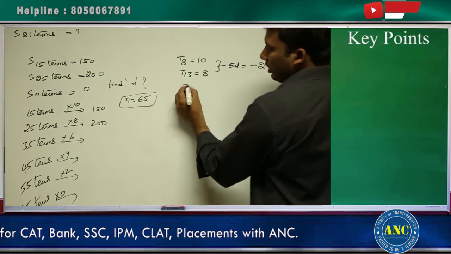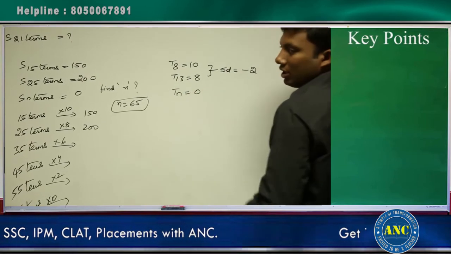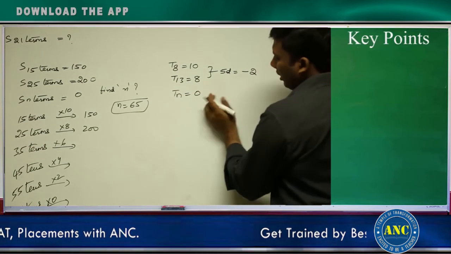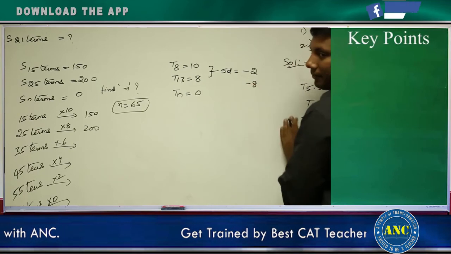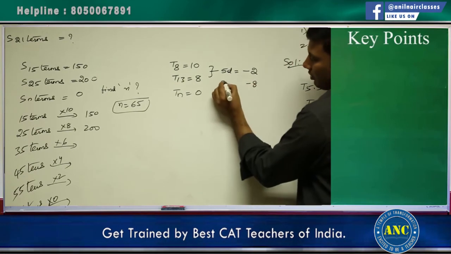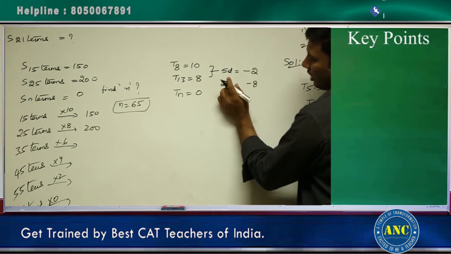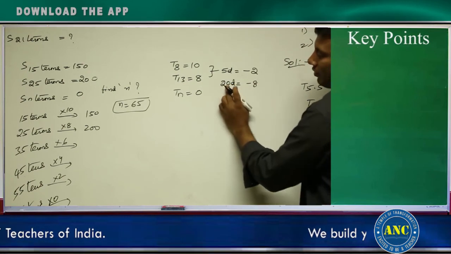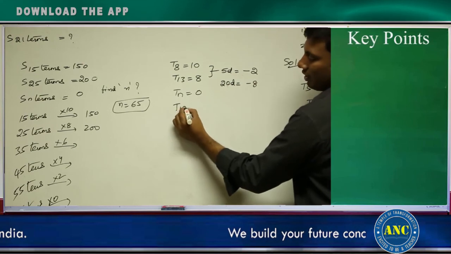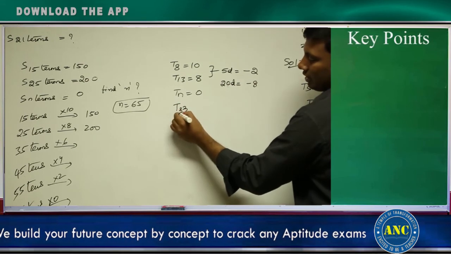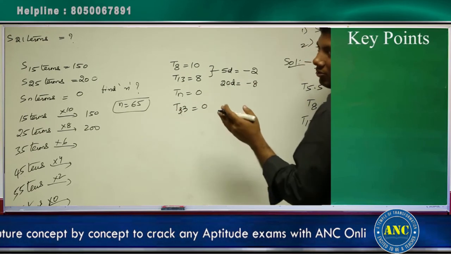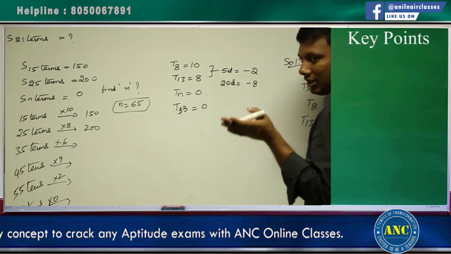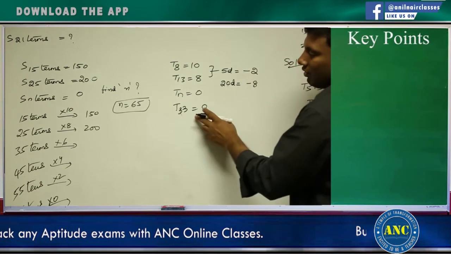Sn is 0. If Sn is 0, Tn will also be 0. Tn 0 means what should be the drop? -8. So -8 will be 2 4s are 8, 5 4s are 20, 20D. 20 plus 13, what will be this value? T33 is 0. T33 is 0 means 32 to the left, 32 to the right, total will be 65.